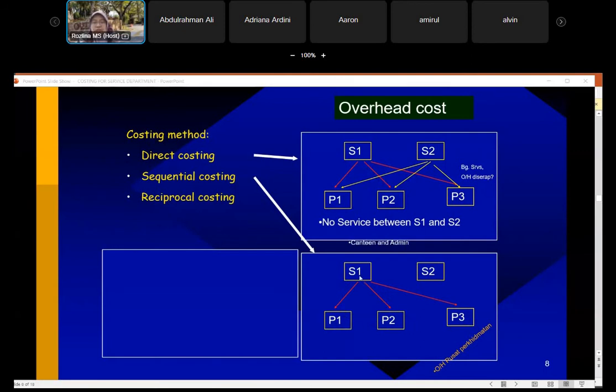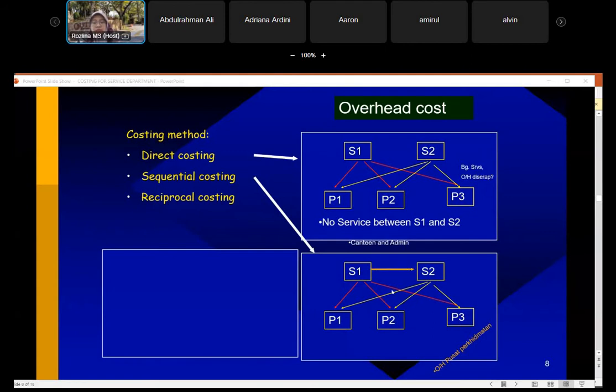Such as, let's say, a boiler. P1 uses the service from S1, P2 also uses the service, P3 also uses the service. And the same for S2, to P1, P2, and P3.